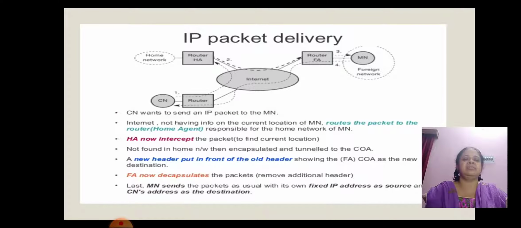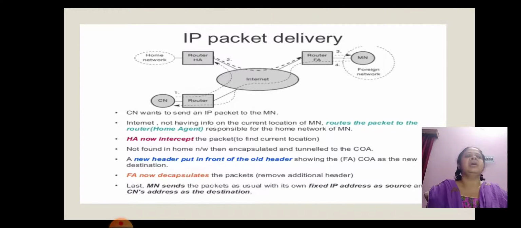IP packet delivery. This is the diagram of IP packet delivery. Mobile IP is an IETF standard communication protocol designed to allow mobile devices such as laptops, PDAs, mobile phones, etc. users to move from one network to another while maintaining their permanent Internet Protocol address.